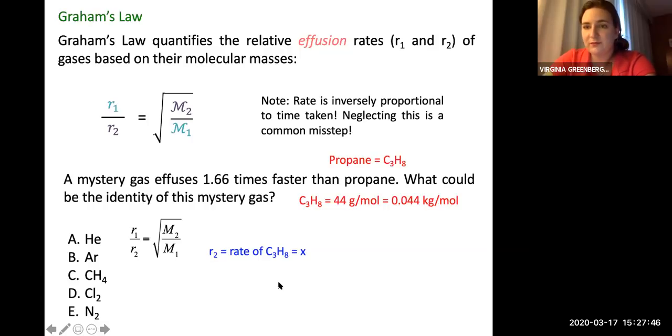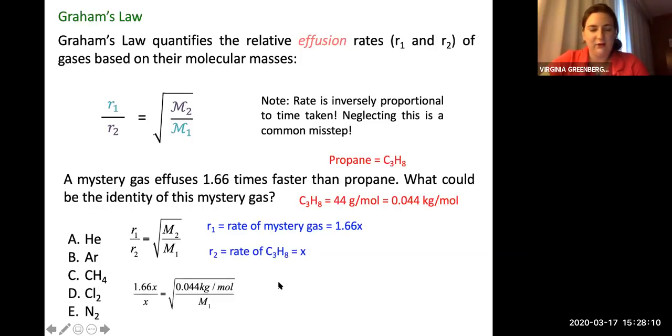You'll get the same result regardless of whether you make it R2 or R1. But then we know R1 is going to be 1.66 times faster. So if we call X the value for propane, then R1 will be 1.66 times X. And we can plug it in like this, where we put in our propane's molecular weight and just leave M1, what we're going to solve for, which is the molecular weight of our unknown.